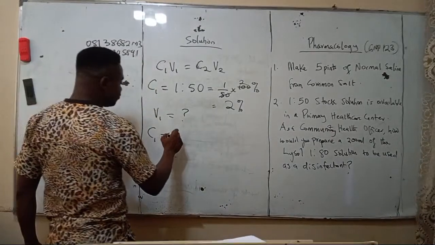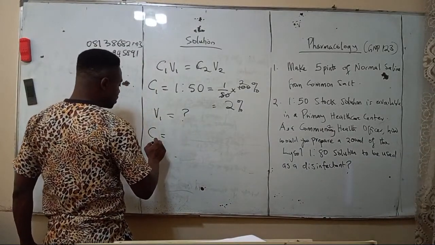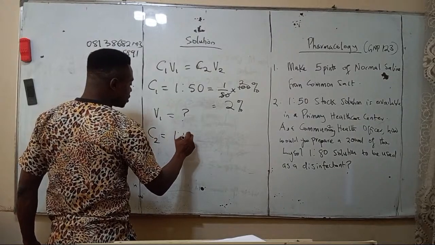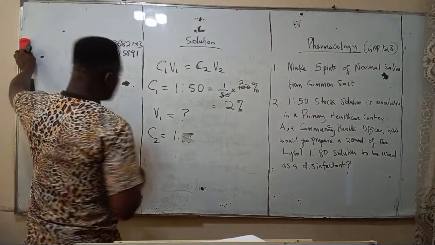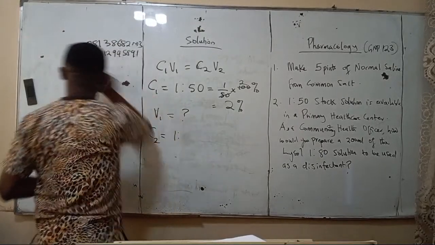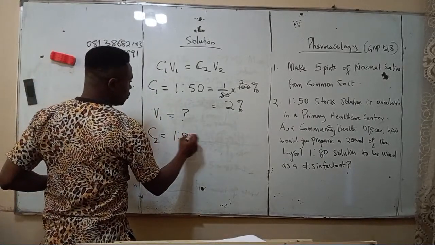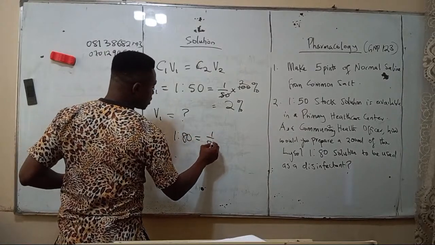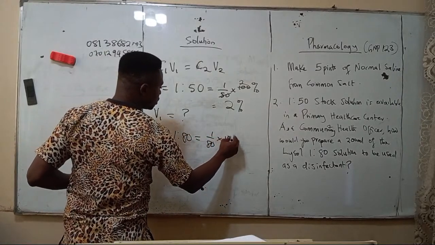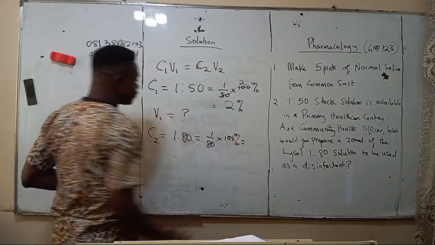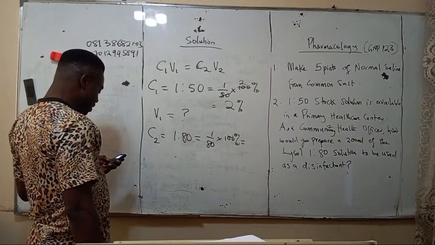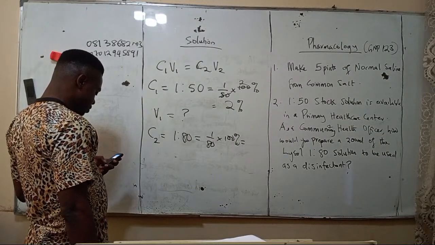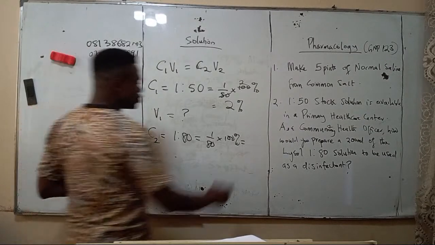So this here is C2, not C1. So C2 is 1 in 80. Moving into percentage concentration, you have 1 over 80 times 100%. And this will give us 10 divided by 8, which is 1.25.